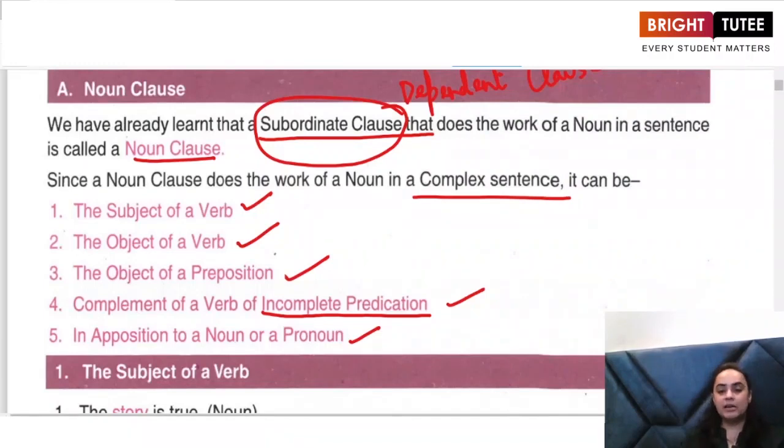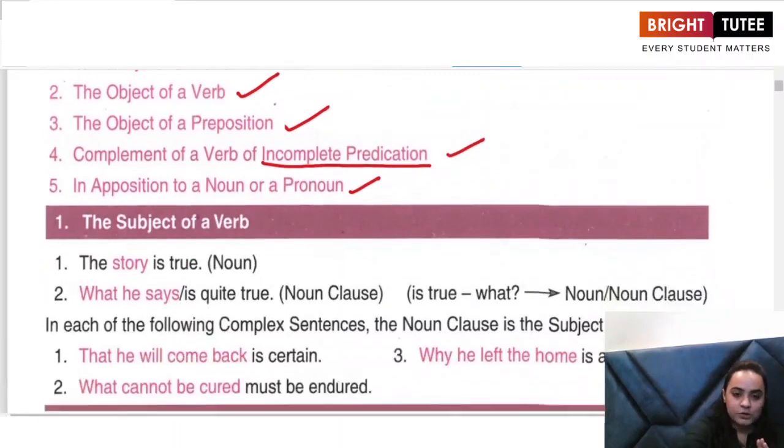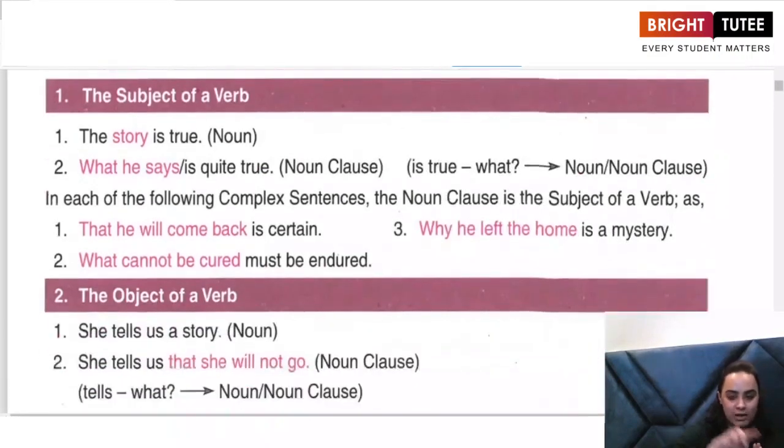We shall be learning about each one of them. So, the first one is when the noun clause acts as the subject of a verb. We all know there's a verb in the sentence, right? So, when my noun clause acts as the subject of the verb, it is known as a noun clause.